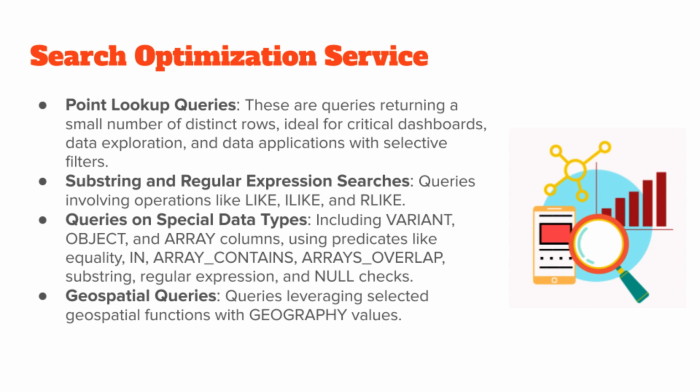Queries on special data types, including variant, object, and array columns, using predicates like equality, IN, ARRAY_CONTAINS, ARRAYS_OVERLAP, substring, regular expression, and null checks. Geospatial queries, queries leveraging selected geospatial functions with geography values. Once you've identified the queries that stand to benefit from this service, you can configure search optimization for the specific columns and tables used in those queries, leading to improved query performance and efficiency.